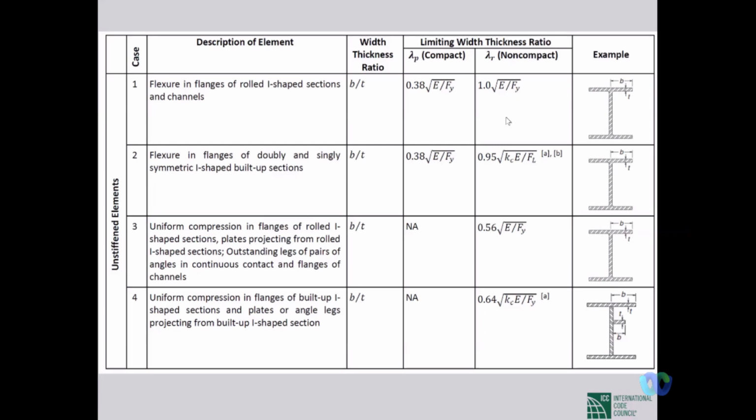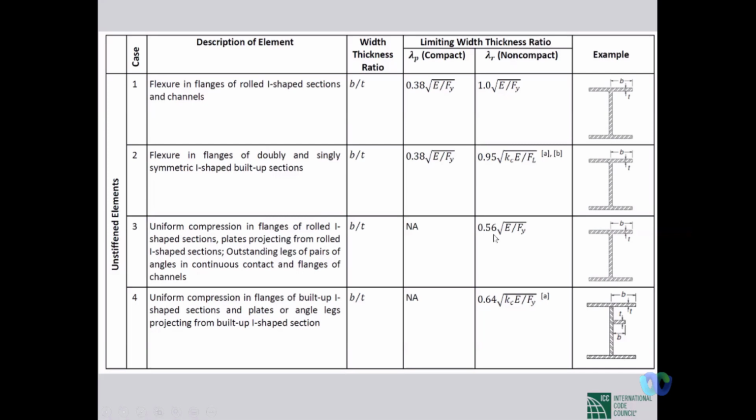In case of unstiffened element, like the flange here, in this table of BNBC, the b by t ratio, for example, is the slenderness ratio, and it is shown how to define b and what is t. These are shown in pictures like these.